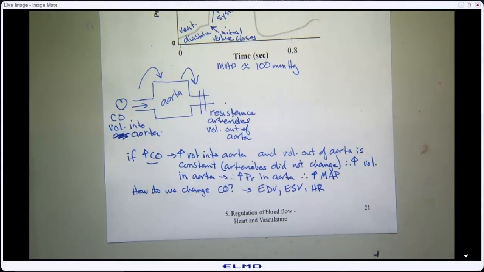But you know an awful lot about how those things are controlled now, don't you? You know how the sympathetic nervous system can mess with that. Right? Contractility of the heart, heart rate. You know how heart rate changes contractility. Okay? So you know an awful lot about what we're talking about right now. Okay, that's where that information fits.